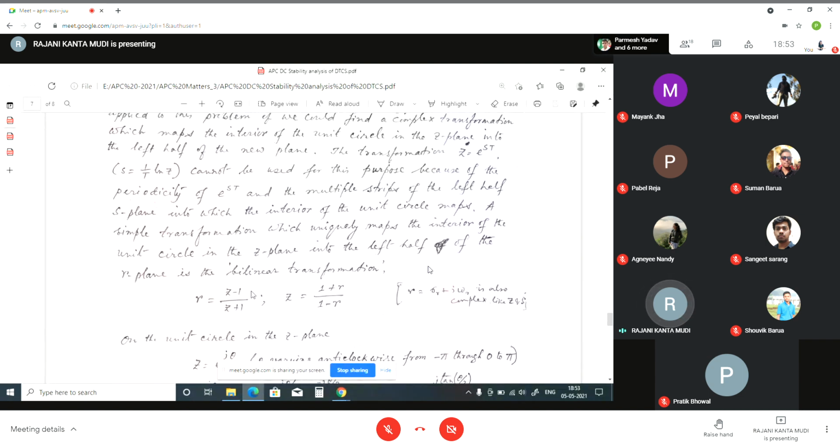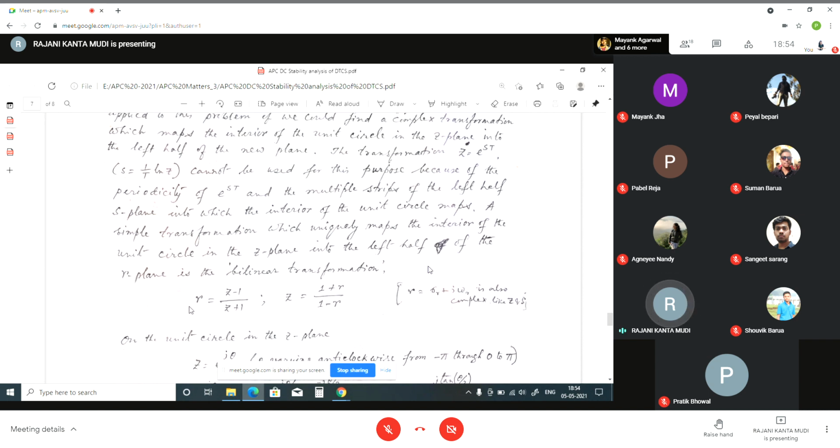R equals (z minus 1) over (z plus 1) is a bilinear transform because both numerator and denominator are linear polynomials, linear terms, z minus 1, z plus 1, hence bilinear. This is linear, this is also linear. So this is the transformation r equal to (z minus 1)/(z plus 1), where r is a new complex variable. Our objective is to map the unit circle in the z plane to the left half of the r plane.